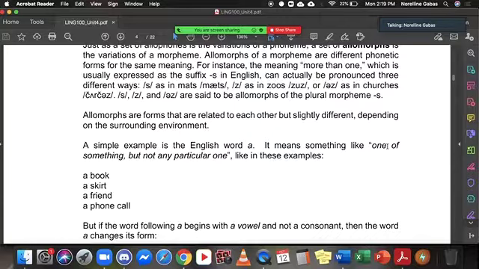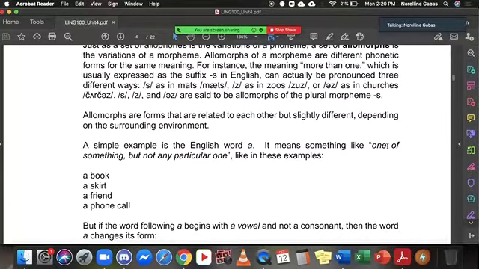But not any particular one. Hindi siya particular. General siya. It is a general statement.